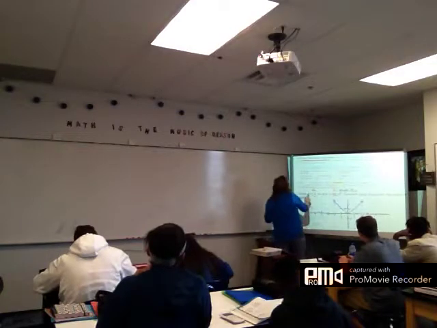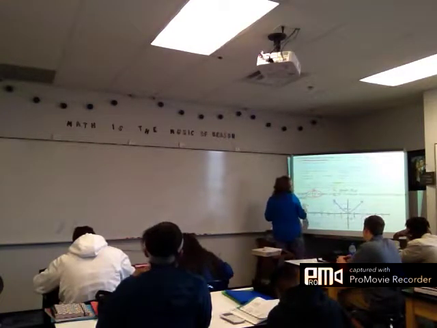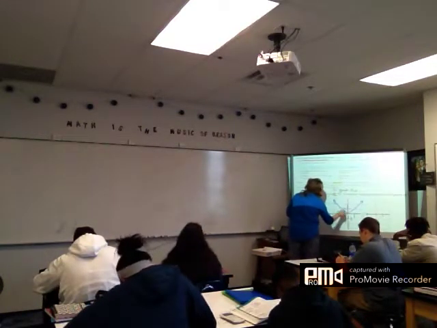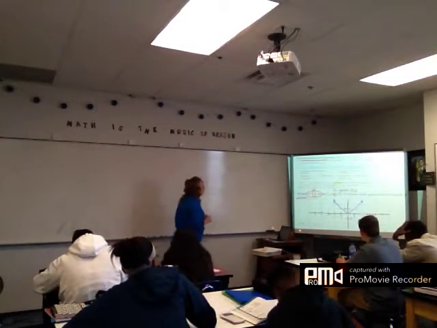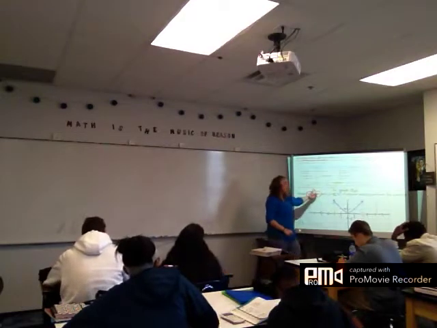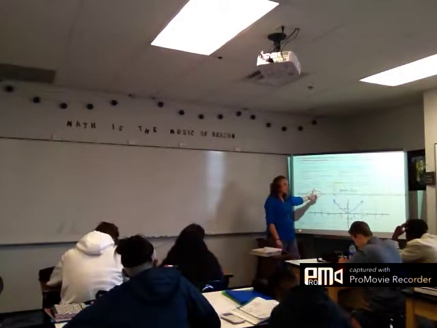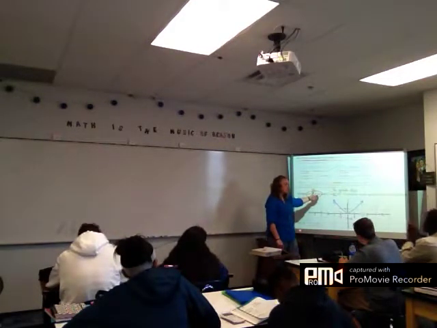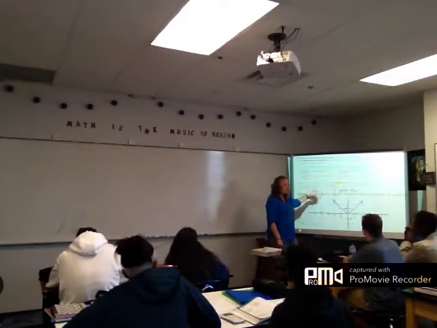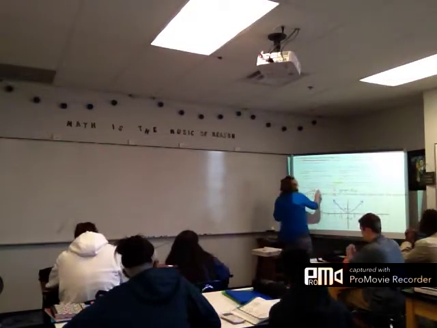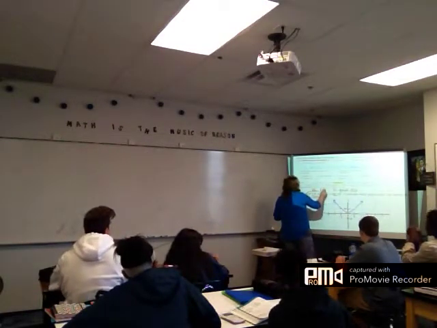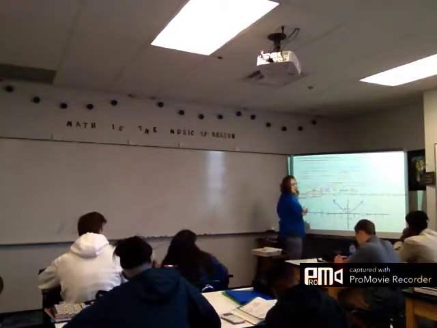So what does that mean my vertex is? 0, 0. We're going to make this one red. So my vertex is still 0, 0. But now I have a 1/2 in front. If I plug a 1 in here, what's the absolute value of 1? And then what's 1 times a half? 1/2.